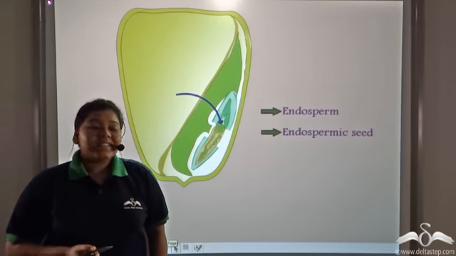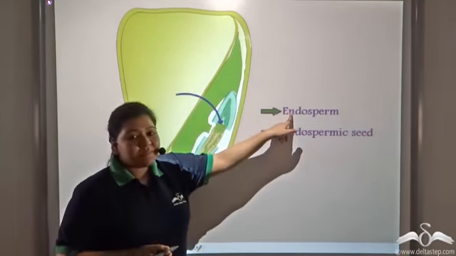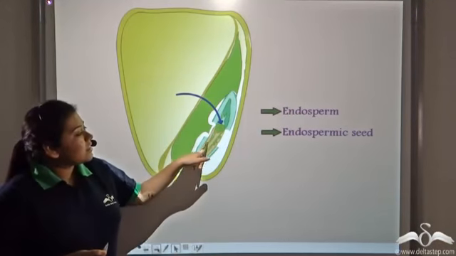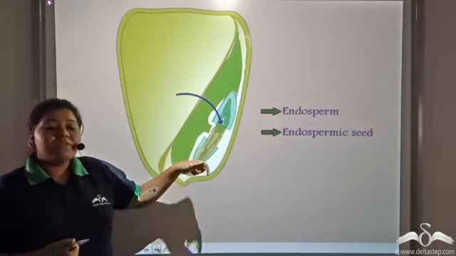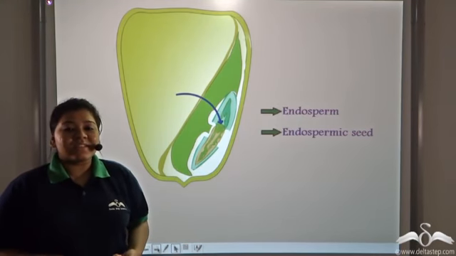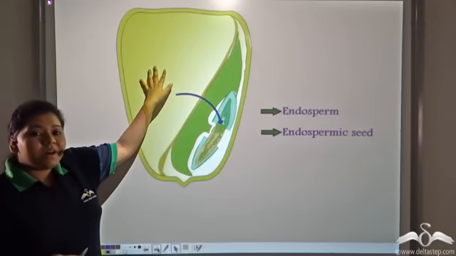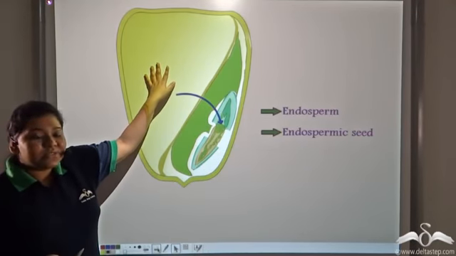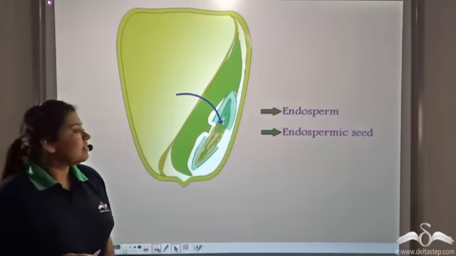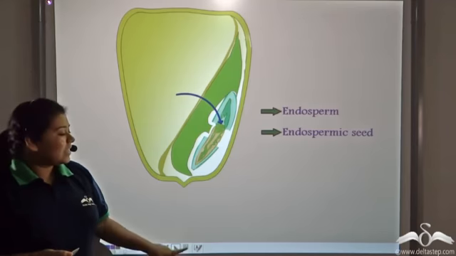There is a part inside the seed which is known as the endosperm, which stores food and provides this growing embryo with all the nourishment it requires for germination. So such seeds in which the endosperm is present are known as the endospermic seeds. Example of such an endospermic seed is corn.